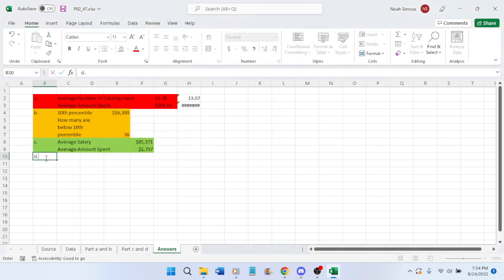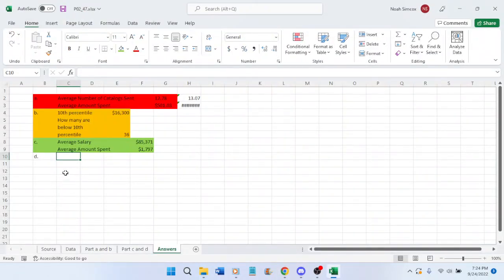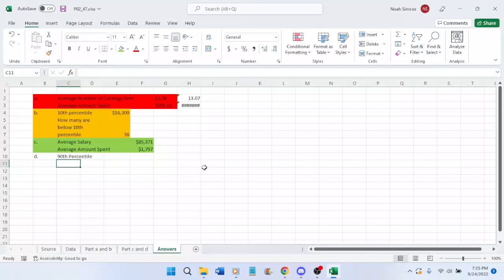D. Top 10%. 90th percentile. How many? How many?